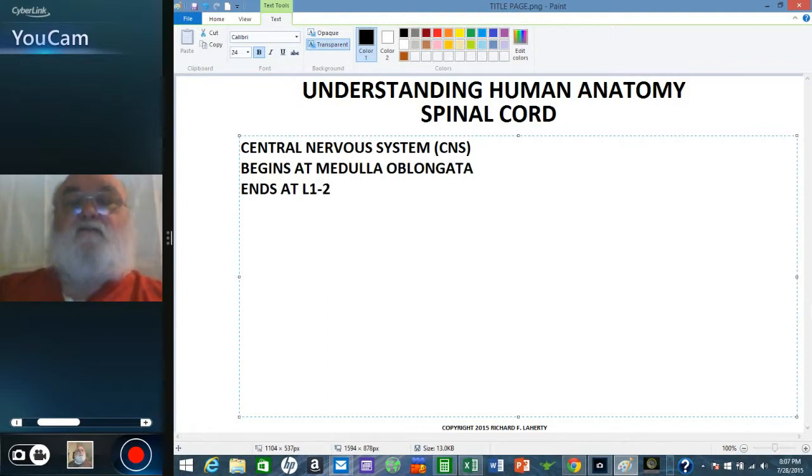Thus, the spinal cord is not as long as the spinal canal.